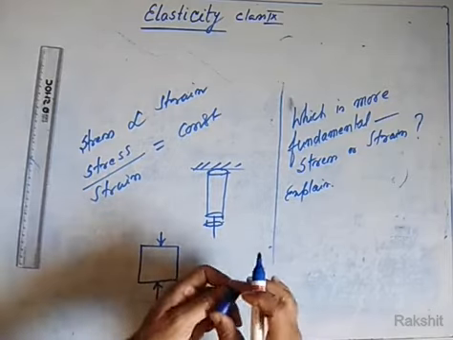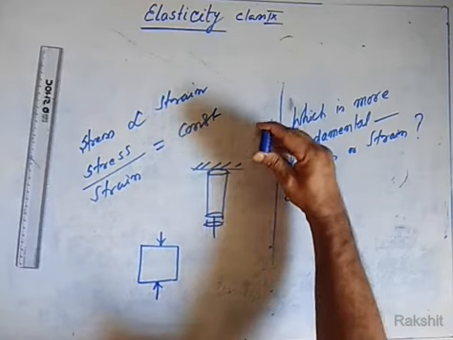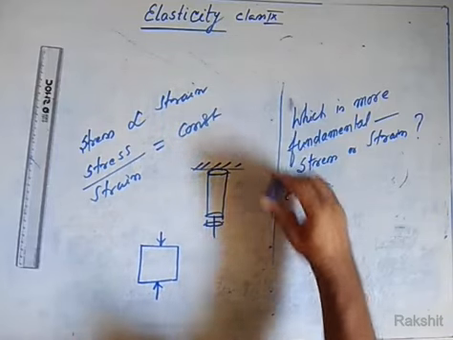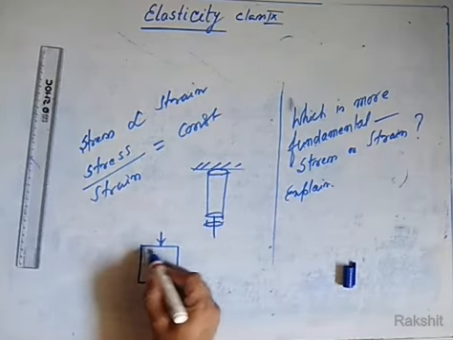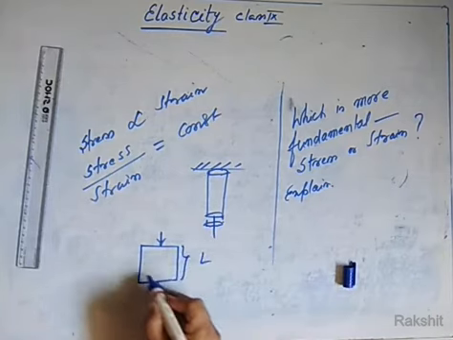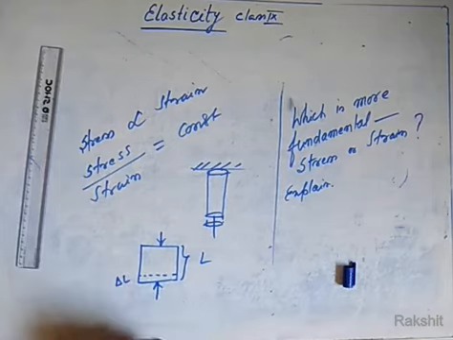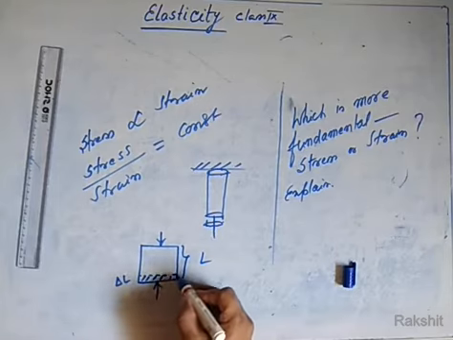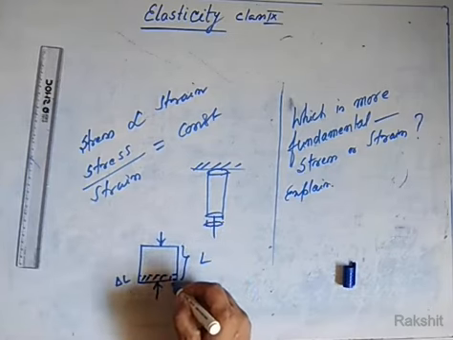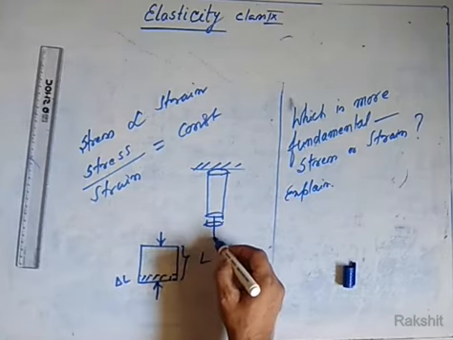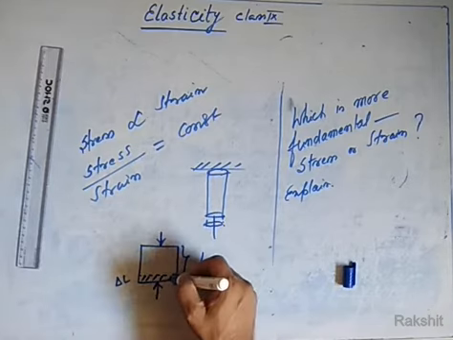Suppose this is the eraser and we are trying to compress this. Now when such an event occurs, the original length, if the length is L, will compress to some extent. So this is compression. After withdrawal of the deforming force, it will regain its original shape. Similarly for elongation, after withdrawal of the deforming force, it will also regain its original shape. But this is elongation, this is compression.